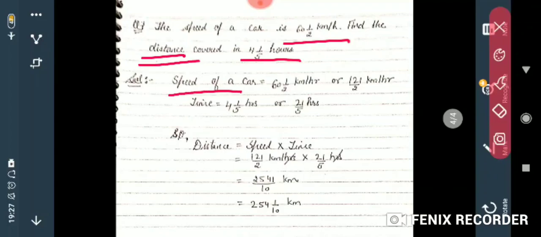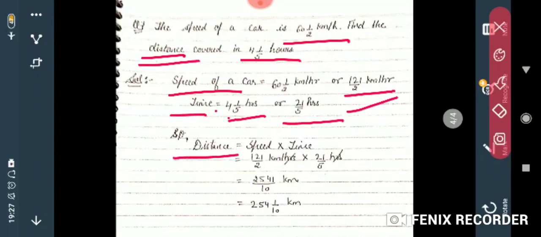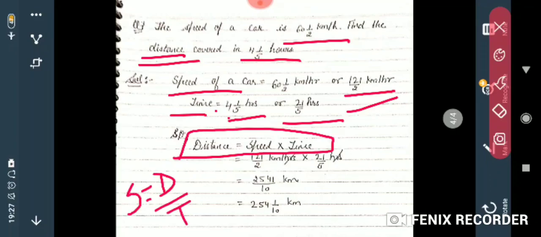So speed of the car is given 121 upon 2 kilometer per hour. Time is given 4 whole 1 upon 5 hours. That means 5 multiply 4, 20 plus 1, 21 upon 5 hours. As you know the formula, distance equals speed into time, or speed equals distance upon time. So what will be the formula of distance?